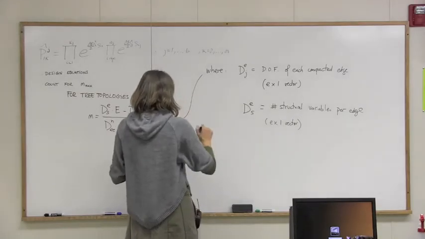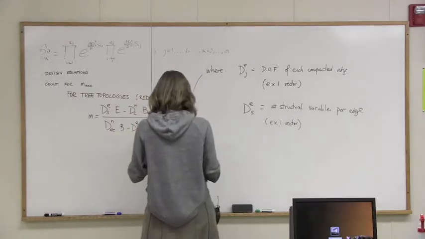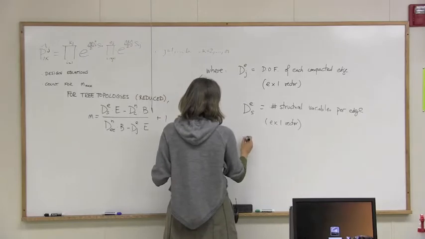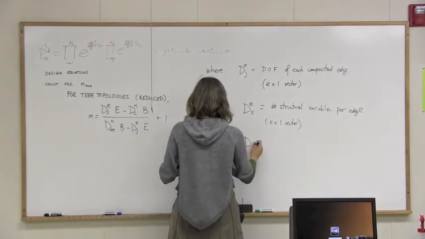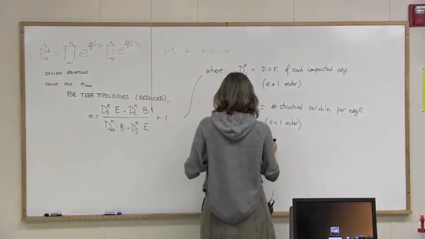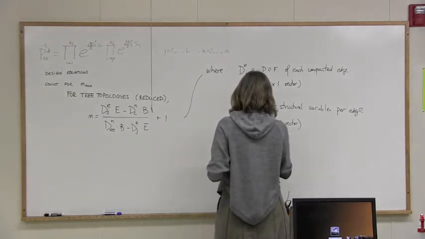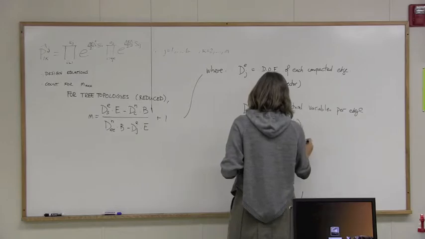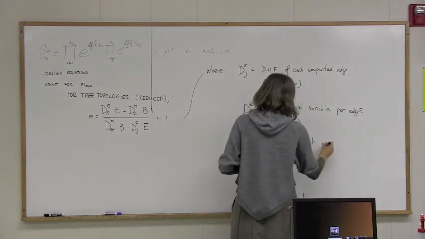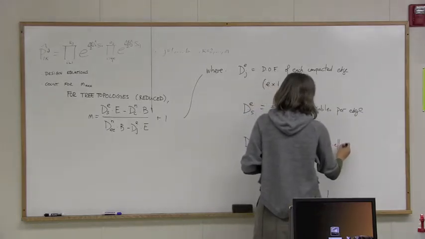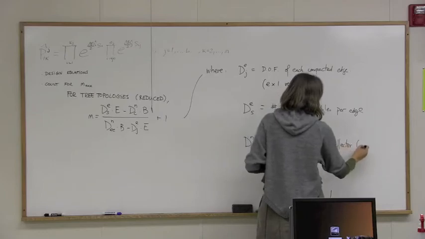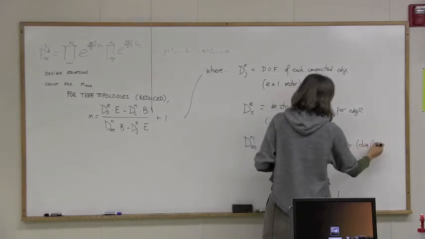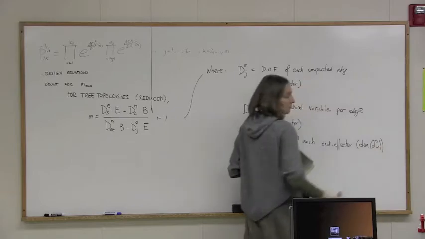All right. Then we have these other vectors, d_N, E. This is for the end effectors. This is the degrees of freedom of each end effector. What that means is the dimension of the linkage locus space for each of them.